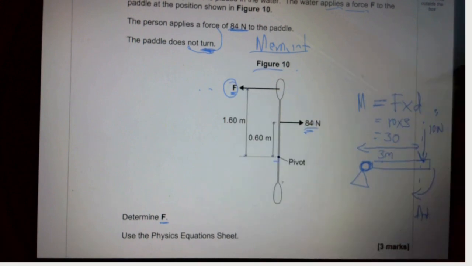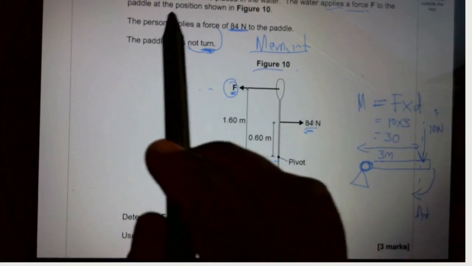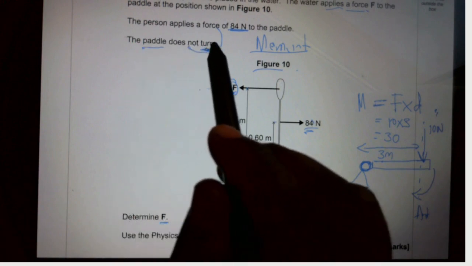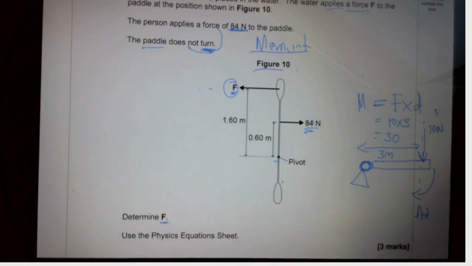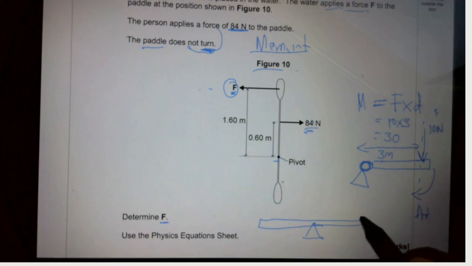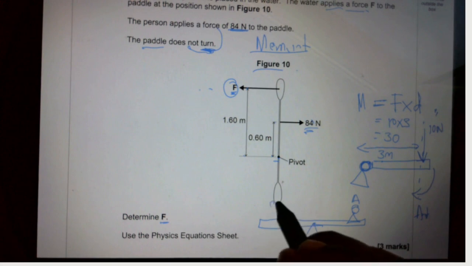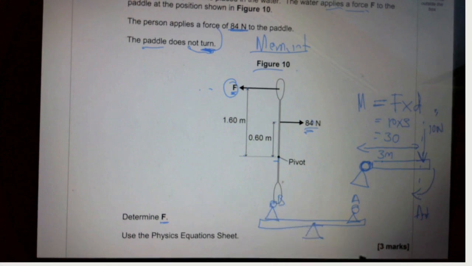Then how do you answer this question? They told us that the paddle does not turn. Let's say we have two children playing on a seesaw. We have child A here, and we have child B. If the seesaw is not turning in either direction, it means that the seesaw is balanced.